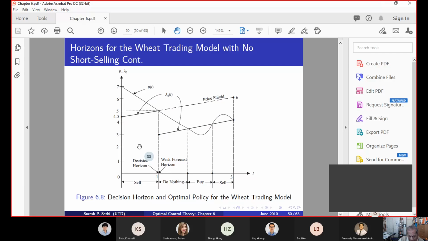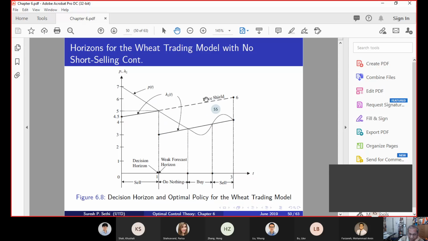So this decision doesn't change regardless of what the forecast is, as long as the forecast is below the price shield. Because it requires some bound on the forecast, I call it a weak forecast horizon.